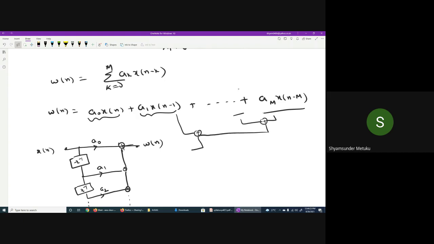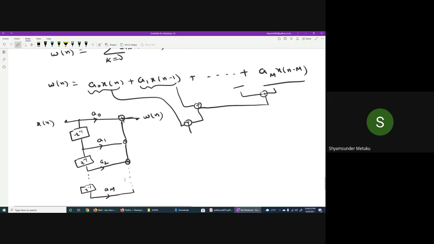So ultimately, one adder needs only two inputs. Multiple inputs I cannot give to an adder. That is the reason I'm using multiple adders. Agreed or not? I hope this is clear now. Part 1 is implemented. This is the basic structure of your part 1.